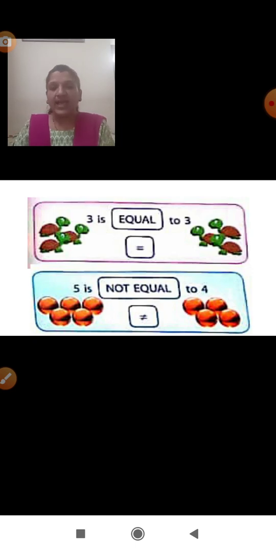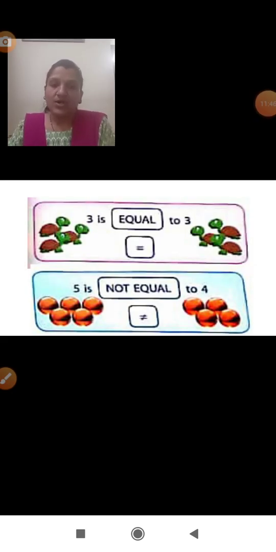So we say 5 is not equal to 4. And we show it with the not equal sign, which looks like the box given below. You remember this? We have already solved examples based on this, right? Very good.